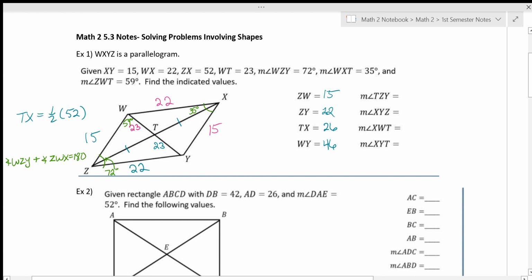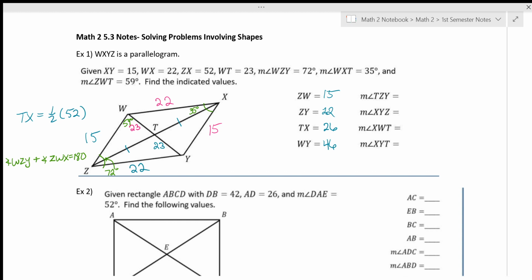And then we also have some alternate interior angles, which we can keep in mind because we know that these sides are parallel because it's a parallelogram. And then the other thing that we have in our picture here, you guys, is we have some triangles within our shape there. Those triangles' angles are always going to add up to 180. Okay, so let's see if we can figure out what these angles are.